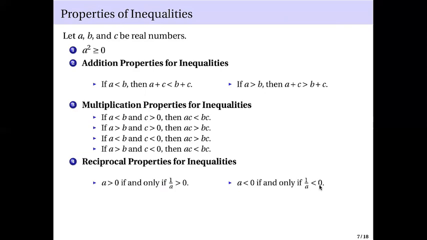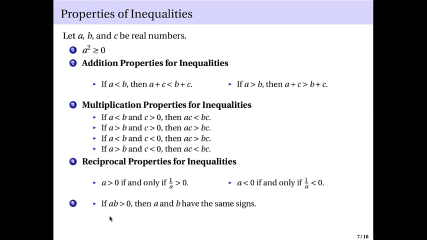So whatever the sign of your number, if you get the reciprocal of that number, you will retain the sign. You have a positive number, its reciprocal is still positive. You have a negative number, its reciprocal is still negative.